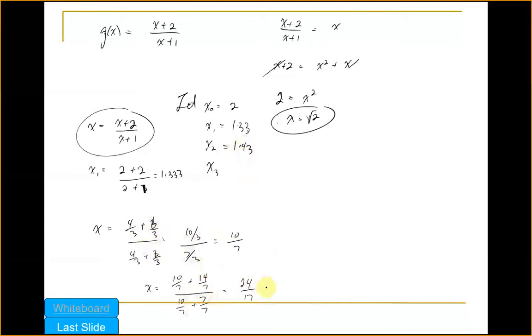And what's that? 1.41. I'll stop there. So you realize it's converging.